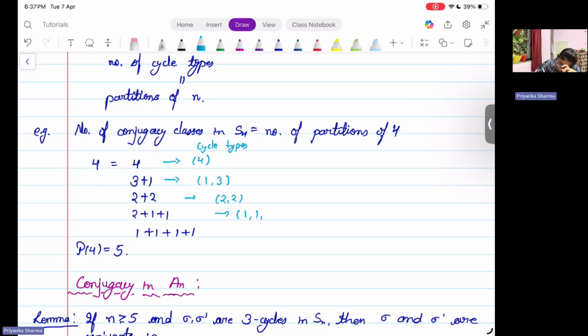This will be 1 comma 1 comma 2. We will write the same number multiple times if it is repeating in the partition. Now this is 1 comma 1 comma 1 comma 1. So these are the 5 possible cycle types for S4.